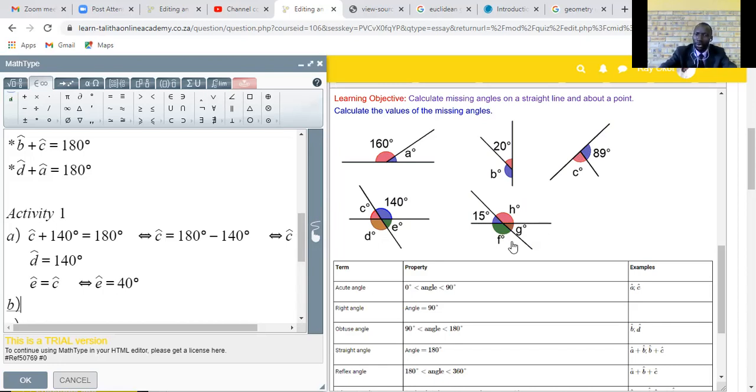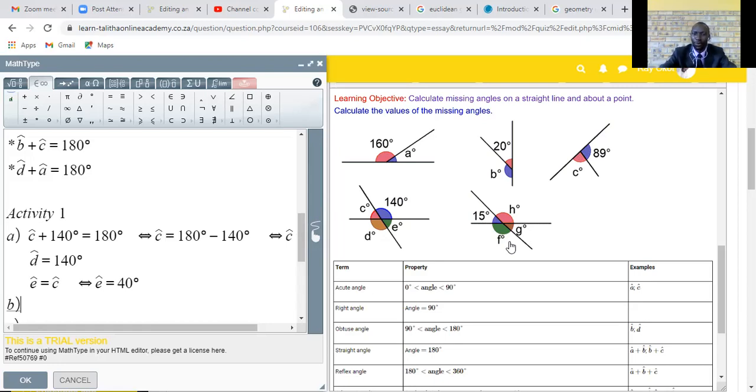Well, if we say F and H are vertically opposite, that is correct, but we don't know H. If we say F and G add up to 180 degrees, that is correct, but we don't know the value of G. We could instead say 15 and F add up to 180 degrees.